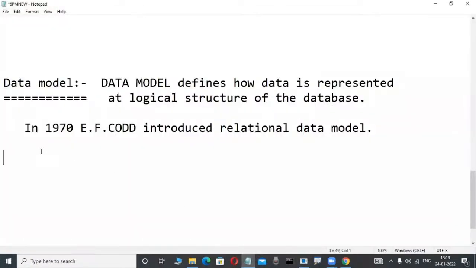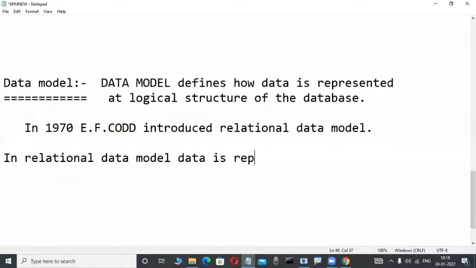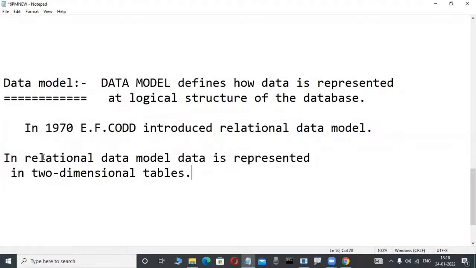Observe it here: in the relational data model, data is represented in two-dimensional tables, in the format of rows and columns. But unfortunately, slowly observe here.